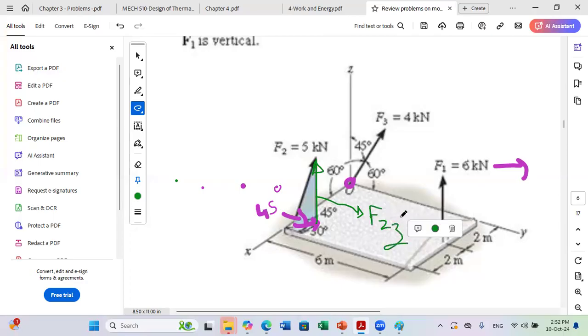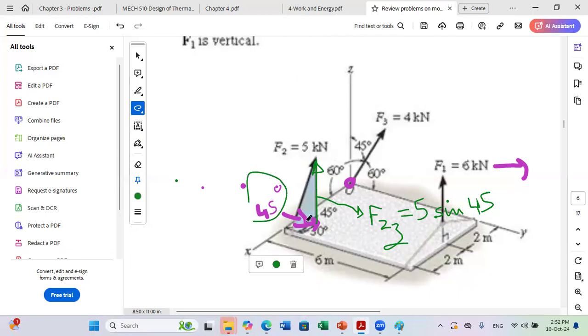F2 in Z is equal to 5 times sine 45. So I am done with the component along Z. I still have to find components along X and Y. So look, when I projected on the XY plane, I need this angle.